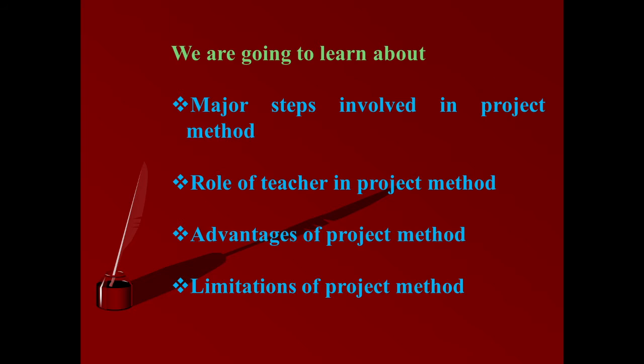So we all know that project is a well-planned method. So in order to execute a project, we have to follow certain steps. The important steps followed while executing a project are explained as follows.